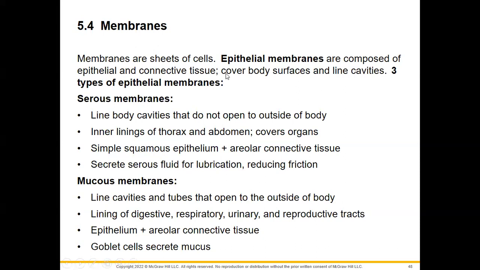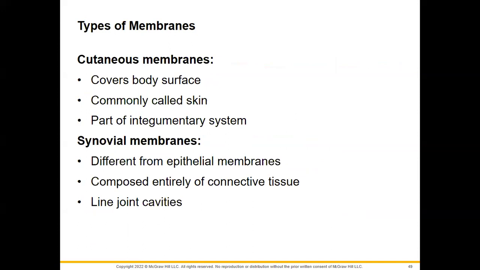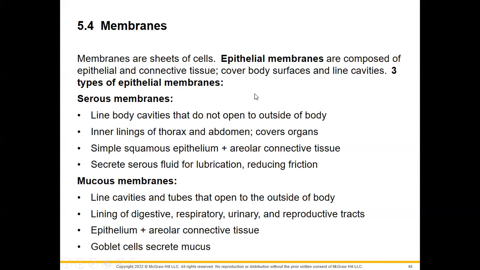So membranes will also cover body surfaces and line body cavities. There are three different types of epithelial membranes. You have a serous membrane, mucous membrane, and cutaneous membrane. So, serous membrane. Serous membranes will line body cavities that do not open to the outside of the body.